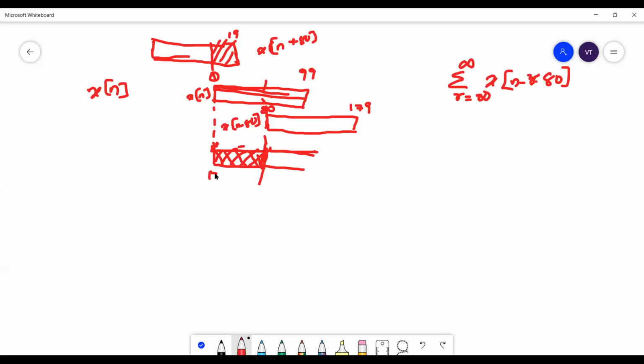So this is 0, this is 79. So we are not talking of the length of the finite duration signal x of n to be the same as the period of the periodic sequence here. That could be different. So that is what we are trying to emphasize.